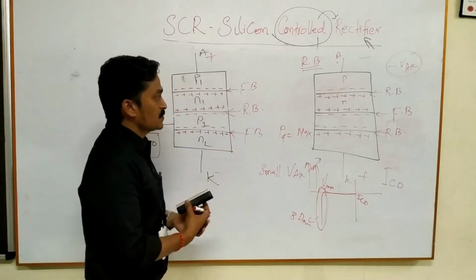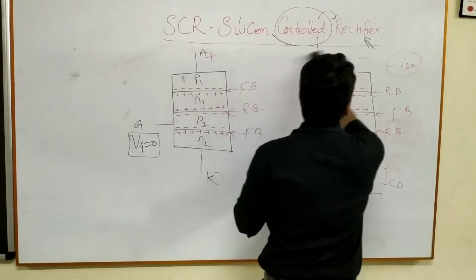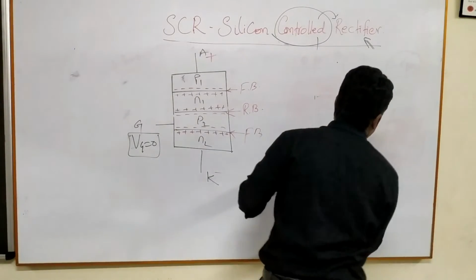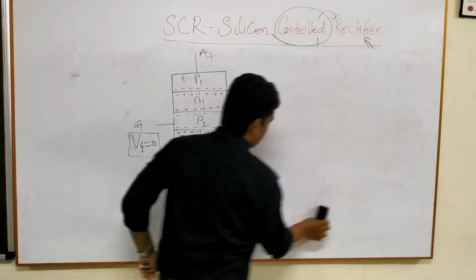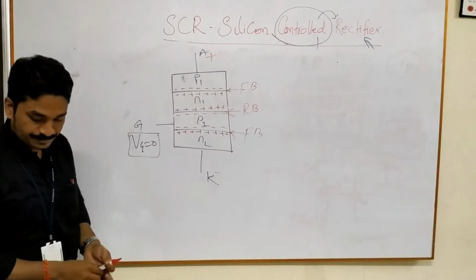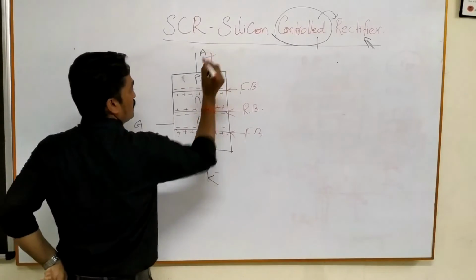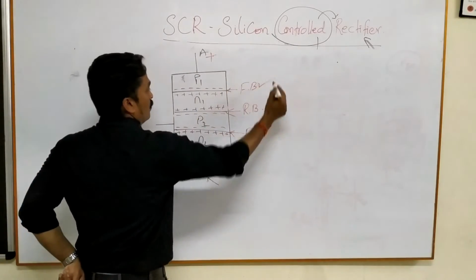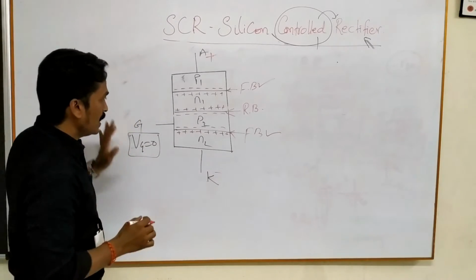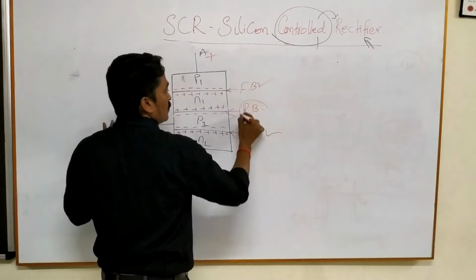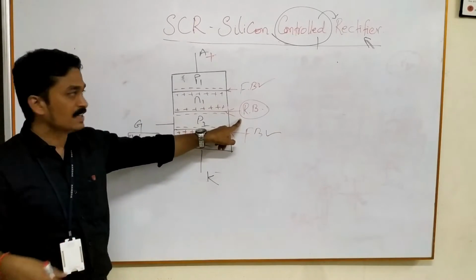So we cannot use the reverse bias characteristics. When we come to the forward bias characteristics, you have to be careful in understanding how this allows the current. See here, this is plus and this is minus. So forward bias, no issues. The reverse bias is what we have to consider now. When will the reverse bias junction break down?